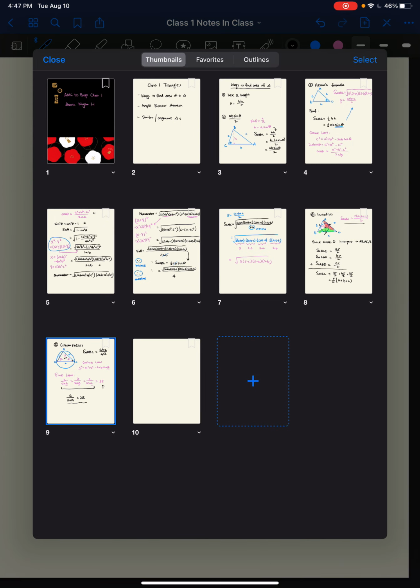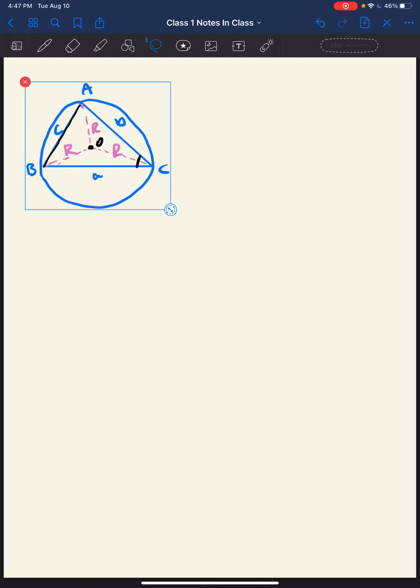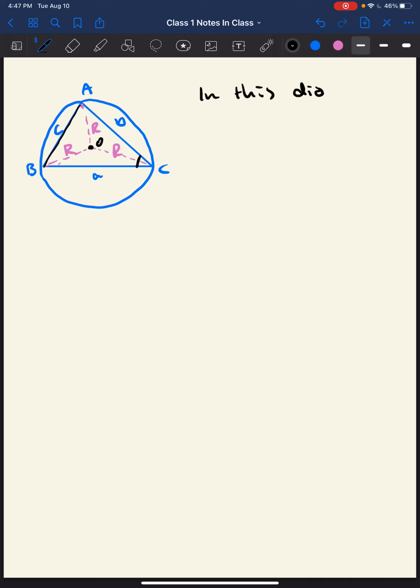Let me copy the diagram. Okay, so in this diagram, O is the circumcenter, and let's make a line OD.